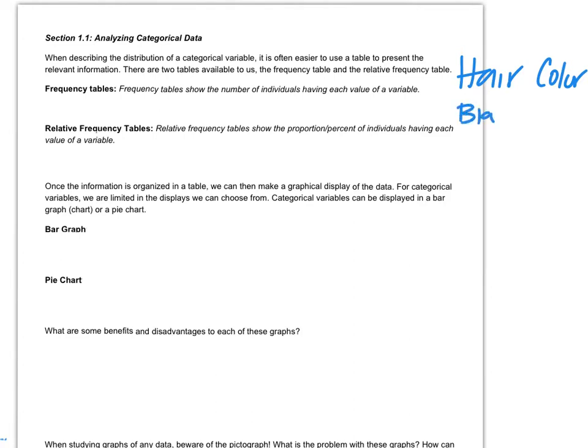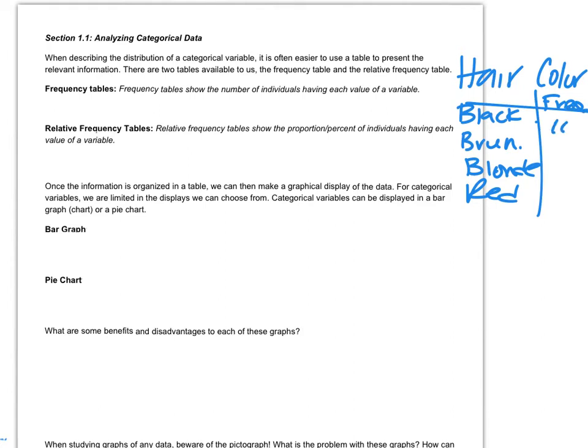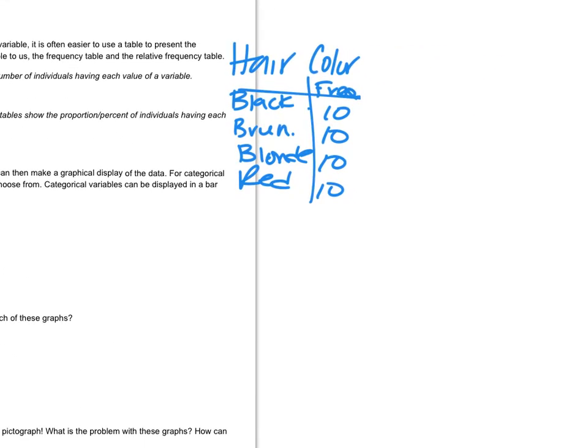So remember, we said black, brunette, blonde, and then red. And then we could have our frequency. So let's say we had 10, 10, 10, and 10, for the sake of making this easier. Okay? Now, this is a frequency table because these are the actual values.